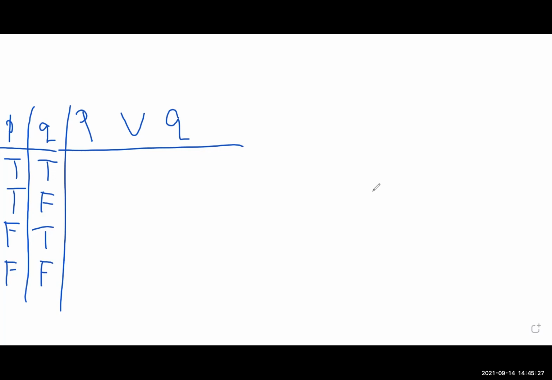So if P is true and Q is true, what is P or Q? True. Okay, very good. So if P is true and Q is false, what is P or Q? Either true or false. Who said false and who said true?